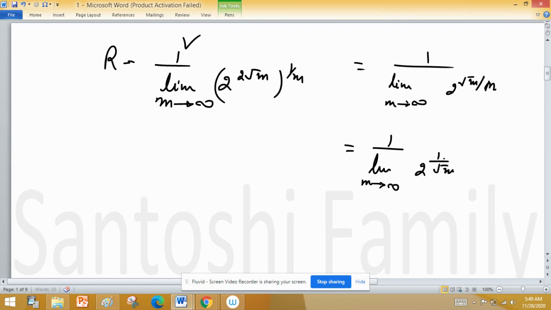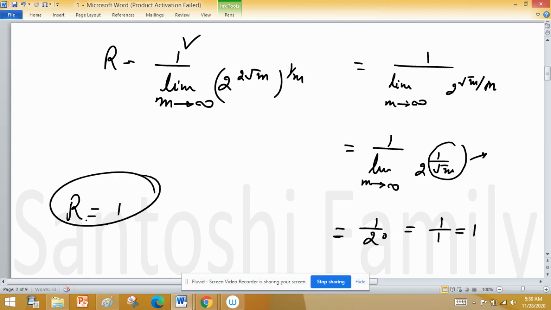When m tends to infinity this term goes to 0, so 1 upon 2 raised to the power 0, which means 1 upon 1, hence 1. So the radius of convergence r is 1.